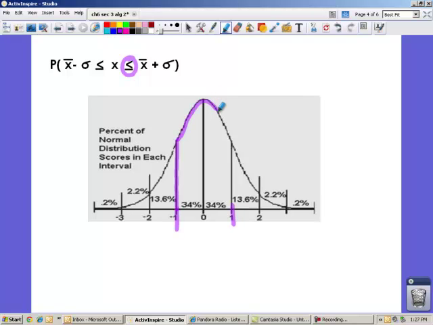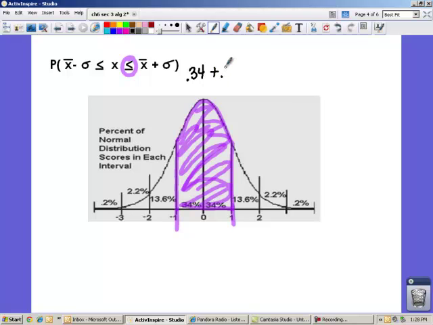So we're actually going to shade all over in here. And if you combine those two, we have 0.34, because it's 34% here, and 0.34, 34% in that one as well. And you add them together, and you get that as your answer.